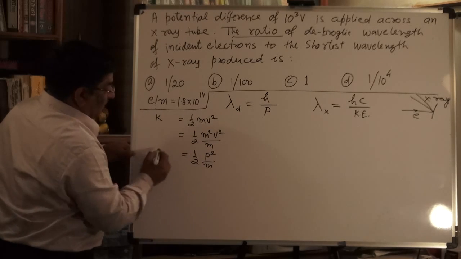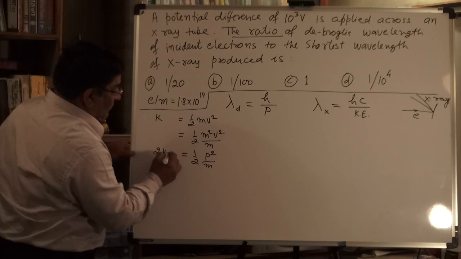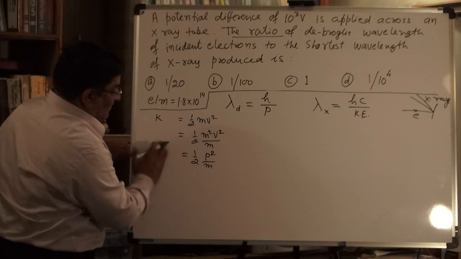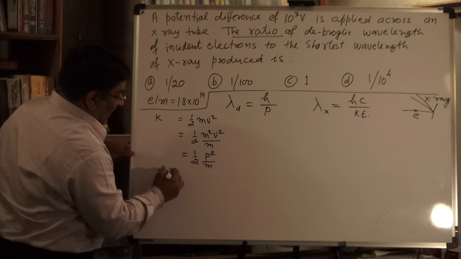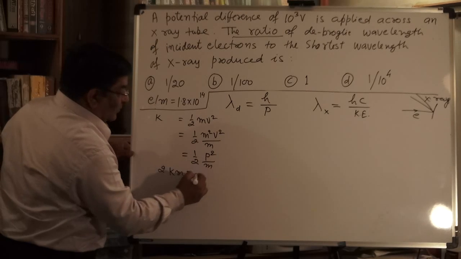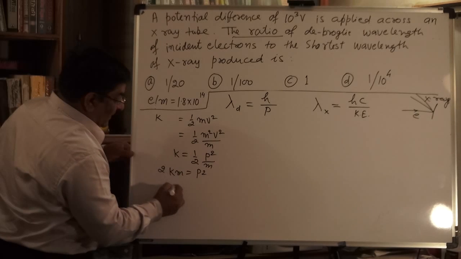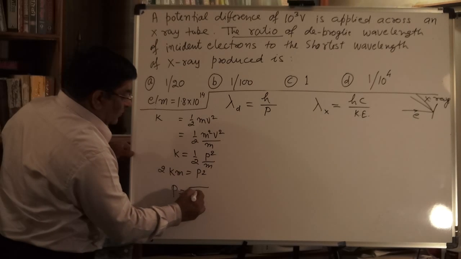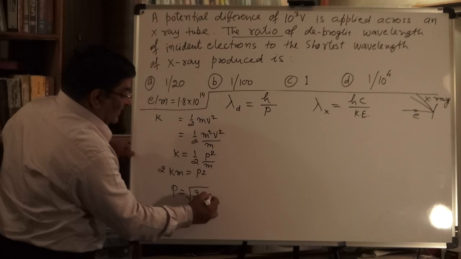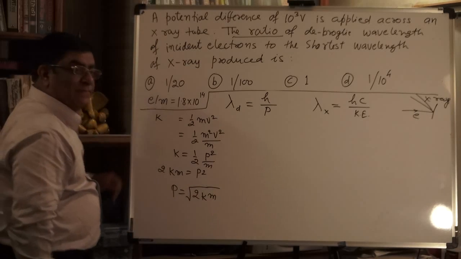This 2m we transfer to this side, so 2Km is equal to p square. So p is equal to root 2 into kinetic energy into mass.